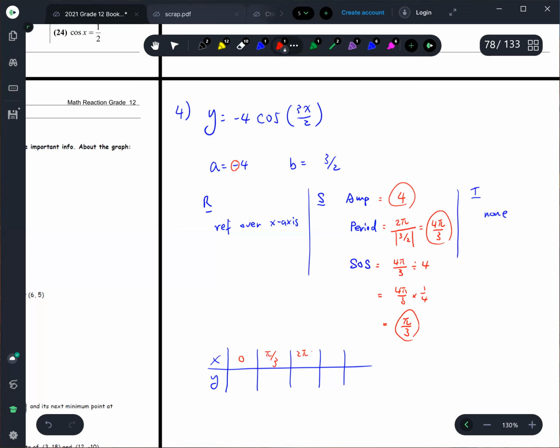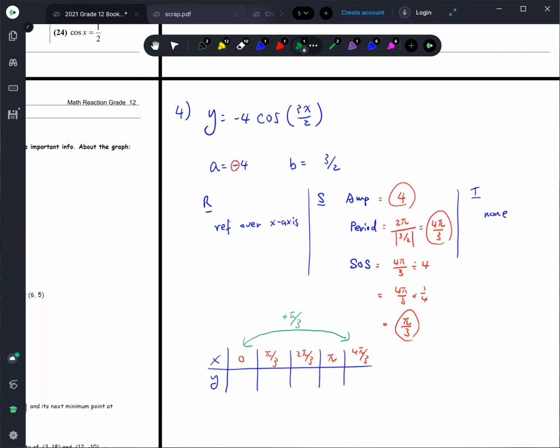Pi. Yeah, and then 4 pi over 3. Very good. So you can see from the beginning point 0 to 4 pi over 3, this distance should be your period. Period is 4 pi over 3 because it starts from 0. So your last point will be your period, if it's not shifted.